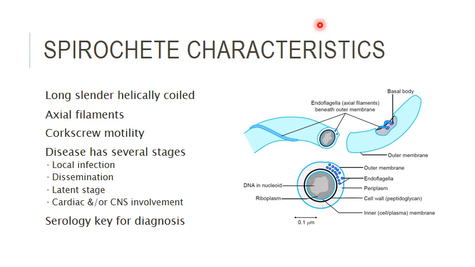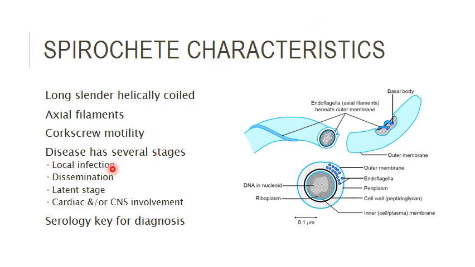And so you end up with a corkscrew movement. There are several different diseases caused by spirochetes, and you've heard of them before, but they all share some similar characteristics. You end up with phased stages to the diseases.